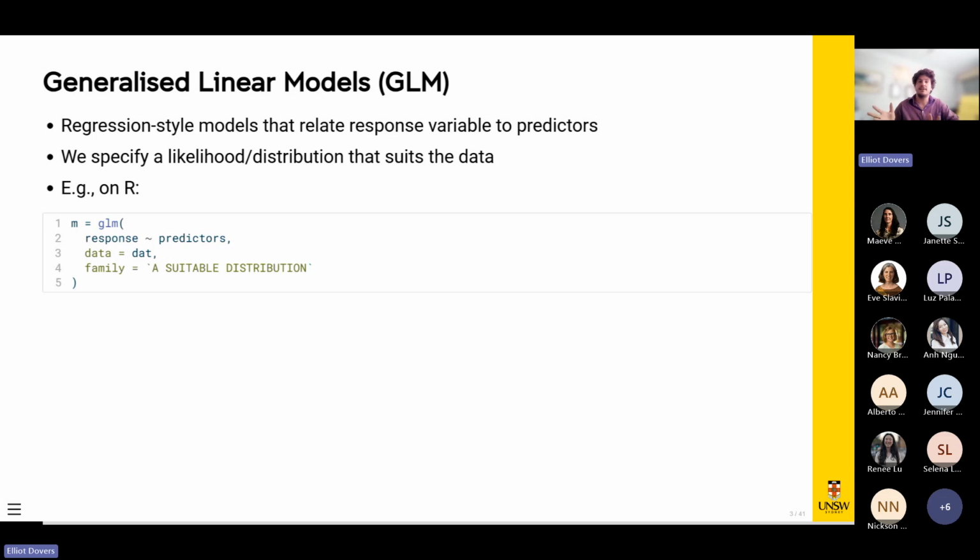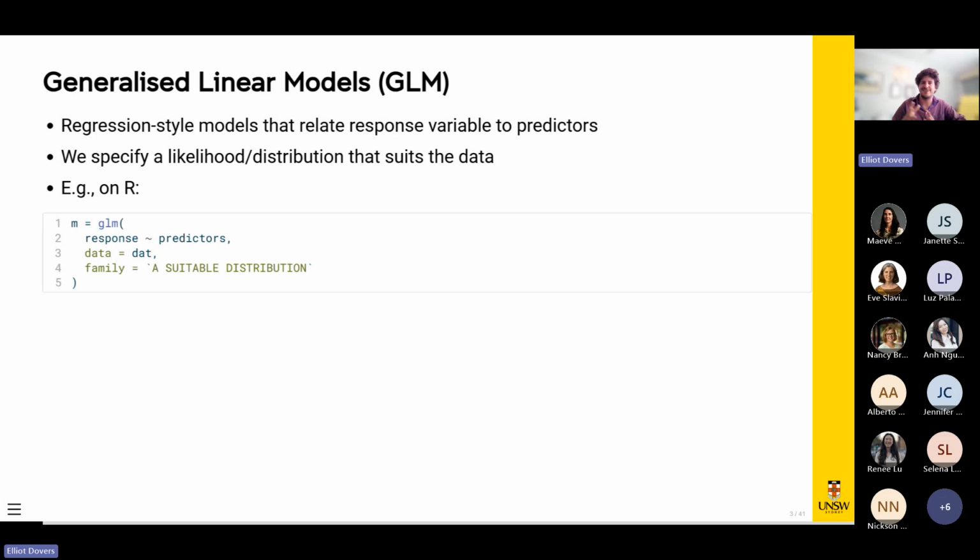A generalized linear model gives us a range of different distributions or likelihoods for our response variable to take, which can accommodate these categorical responses, things like events occurring or not, or rates of events occurring, and numbers of times events occur, and things like that.